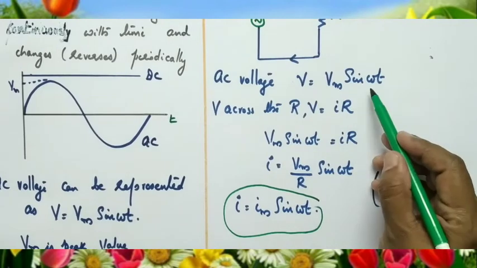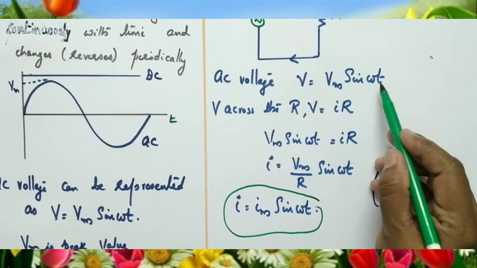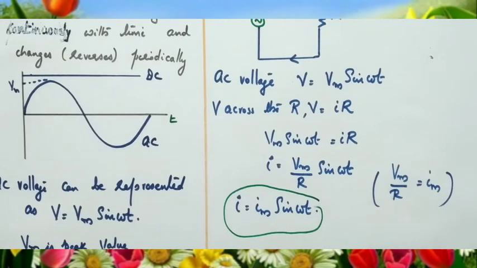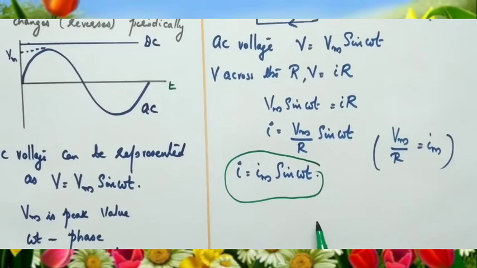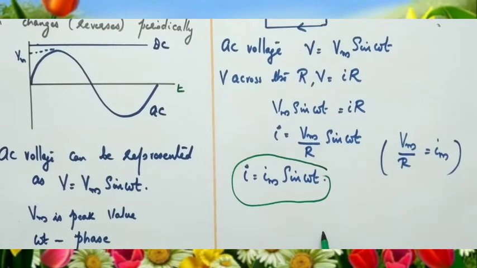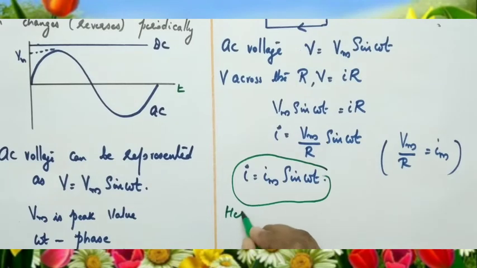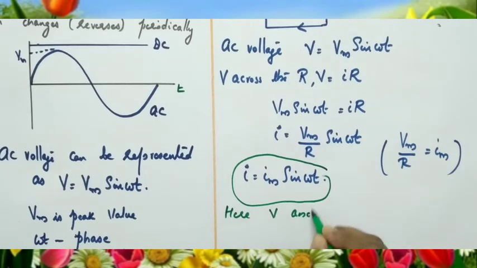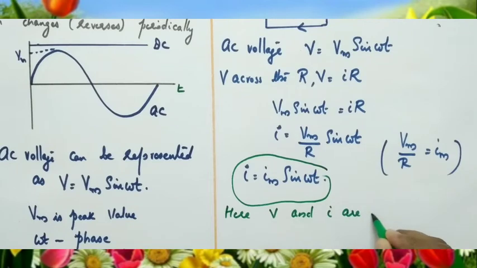What about the phase here? In the voltage, phase is omega t, current phase is also omega t. That means voltage and current have the same phase. So when AC voltage is connected to a resistor, voltage and current are in phase with each other.